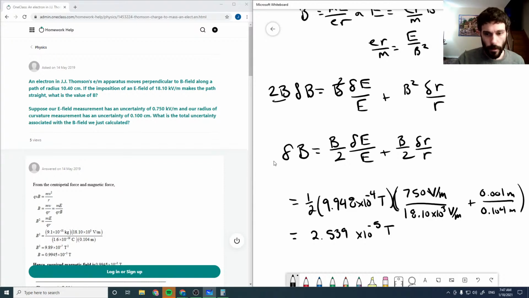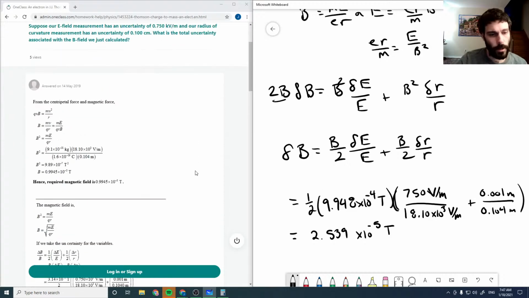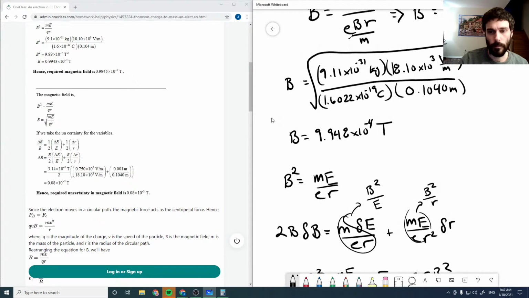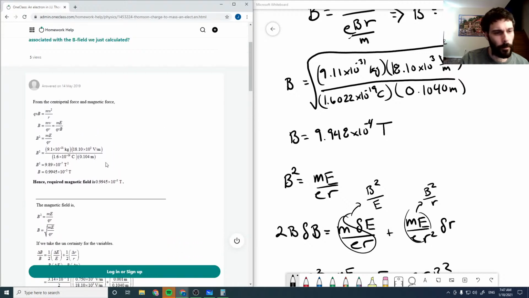Okay, so now checking through our solution here. So our B field comes out to be 9.948 times 10 to the minus 4, or 0.9 times 10 to the minus 3, so that's the same.